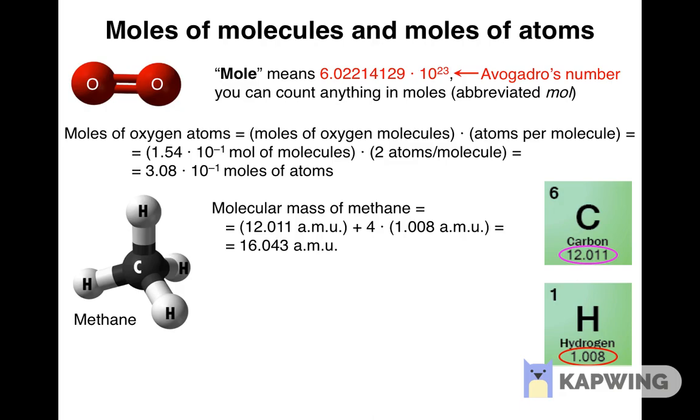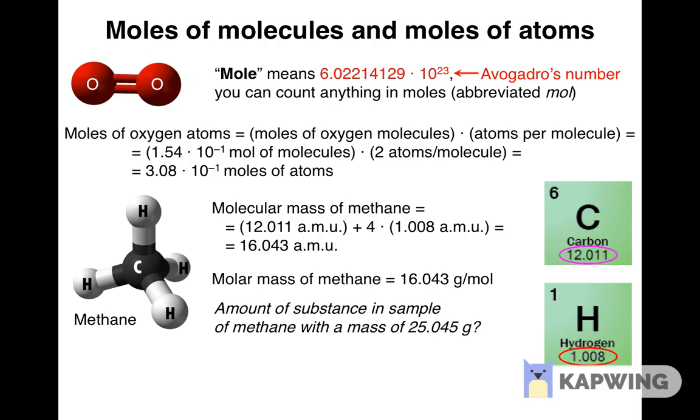We have multiplied the atomic mass of hydrogen by 4 because we have 4 hydrogen atoms in the methane molecule. What is the molar mass of methane? It has the same numerical value as the molecular mass, but the units are grams per mole rather than atomic mass units. So it's 16.043 grams per mole. Let's say we have 25.045 grams of methane.